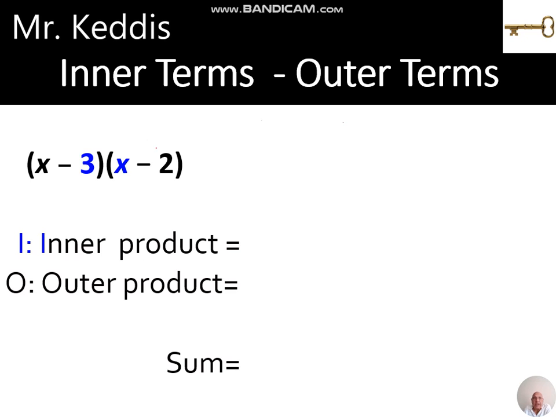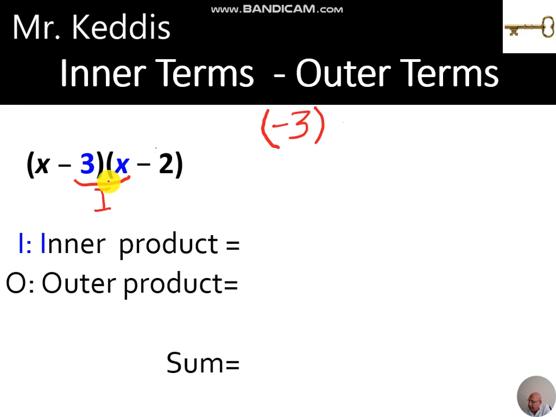We're going to talk about the inner terms and the outer terms. This is the inner terms. It means I need to find the product of the inner terms. I multiply negative 3 times x.